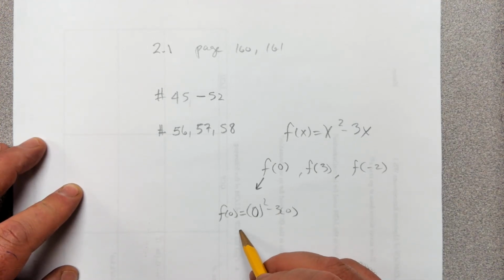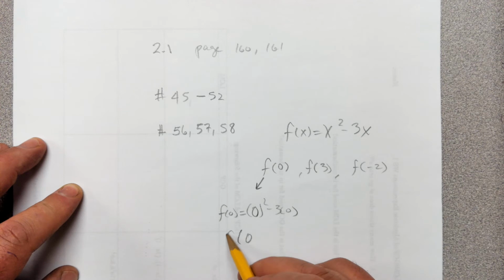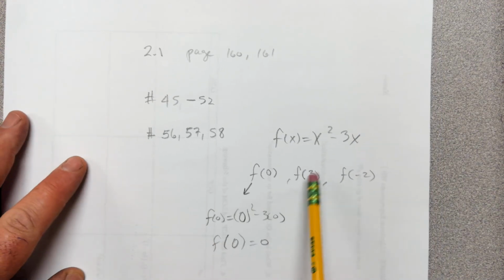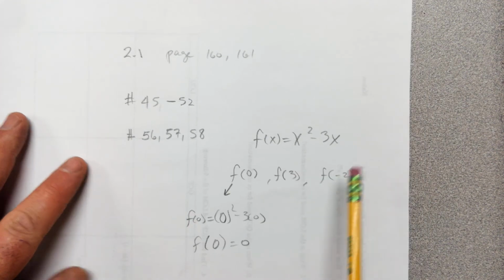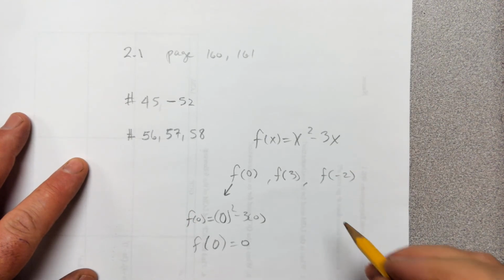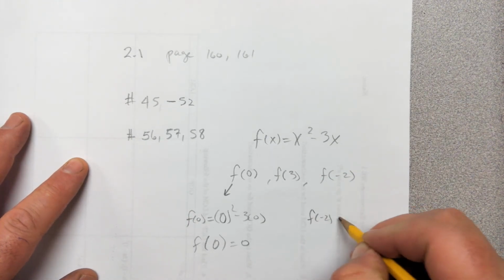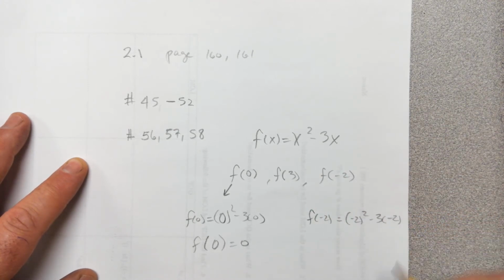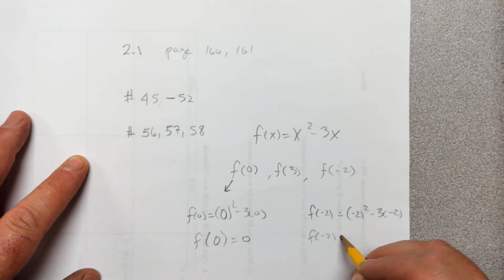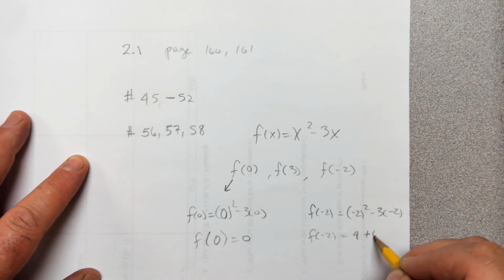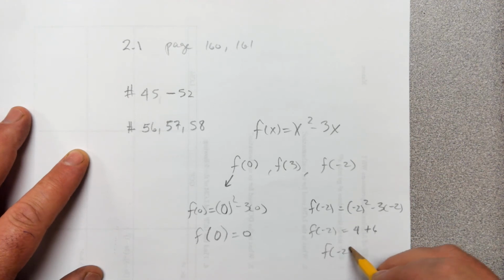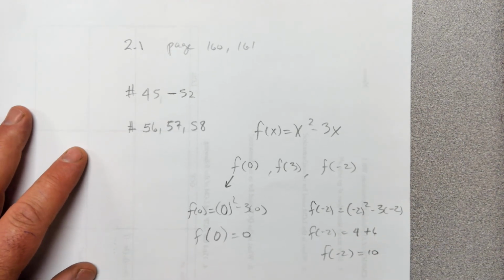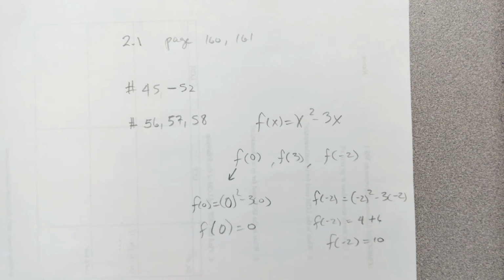So your answer would be f of 0 equals 0. Whereas this one, we'll do the negative. Negative's tricky. That would be negative 2 squared minus 3 times negative 2. So 4 plus 6 is 10. f of negative 2 equals 10. So that's what it's asking you to do there.